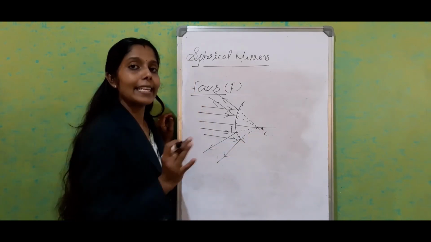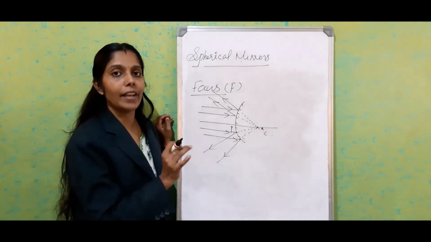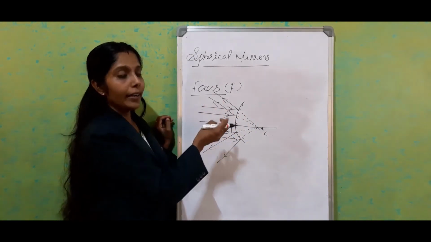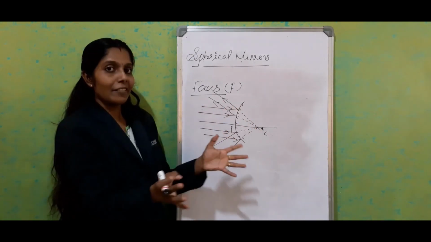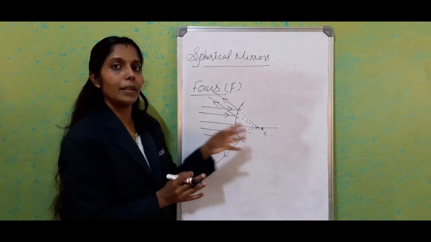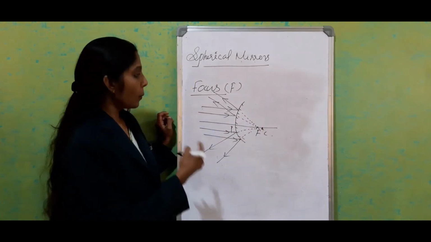The extended lines should always be drawn as dotted lines. So the reflected rays appear to come from a point, we feel like they are starting from or emerging from this point. So this is the focus in the case of convex mirrors.